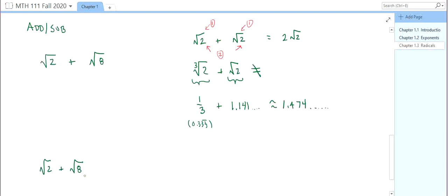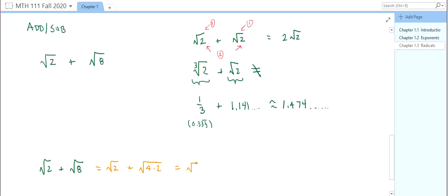So in this situation, we can't add those, but we can recognize that this is the same thing as the square root of 2 plus the square root of 4 times 2. And as we said before, we can split that up.